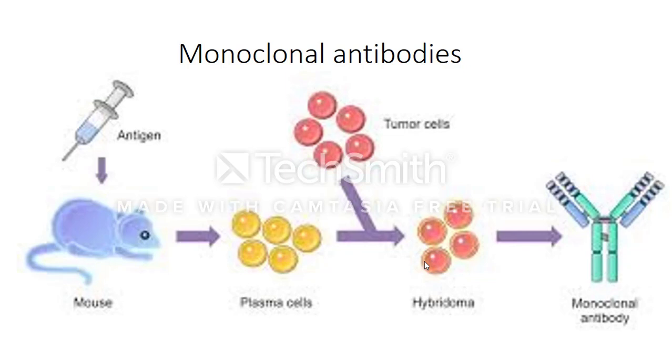To make sure that we isolate these hybridomas, because we don't want any extra tumor cells lying around, we put all these cells in a medium that kills mutant mouse cells and only allows hybridomas to survive.